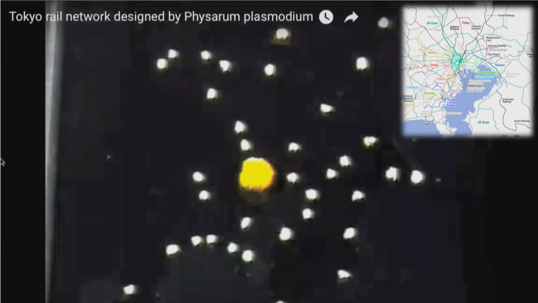And what that was is the slime mold optimizing for the rail system in Tokyo. That same concept, when put into an algorithm, will help us optimize for the load paths in that cabin partition. And that's exactly what we did.